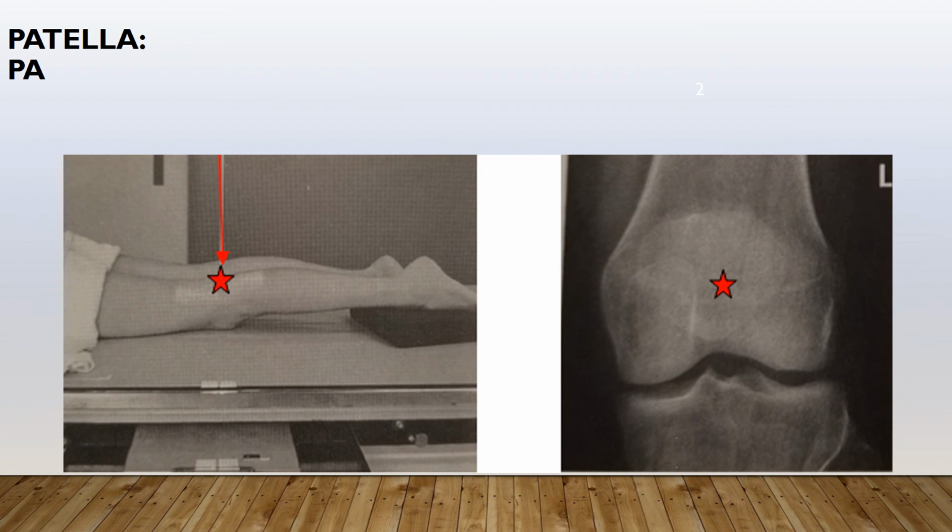Here's a PA patella view. The patient is prone with the knee extended. Rotate the knee approximately 5 degrees internally, or as needed to place an imaginary line between the epicondyles parallel to the plane of the image receptor. The central ray will be perpendicular to the central patellar region at the mid-popliteal crease.